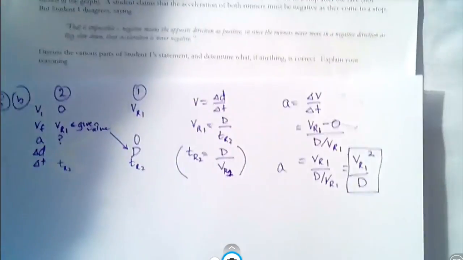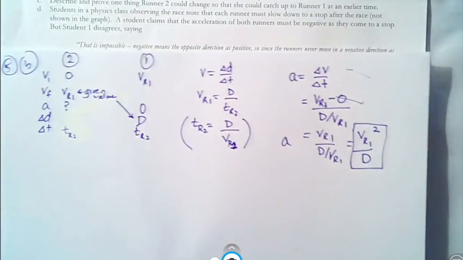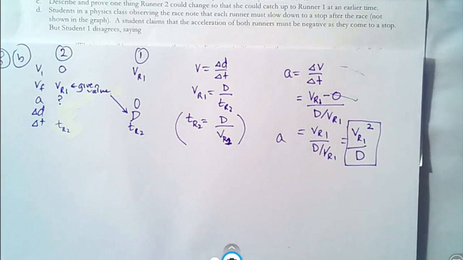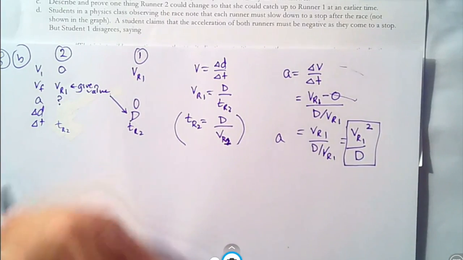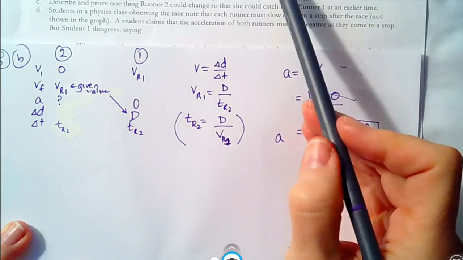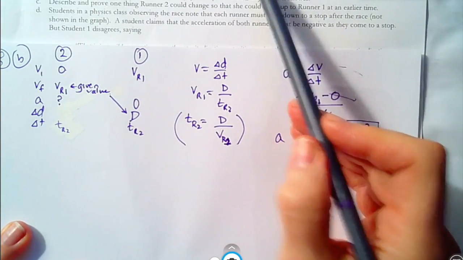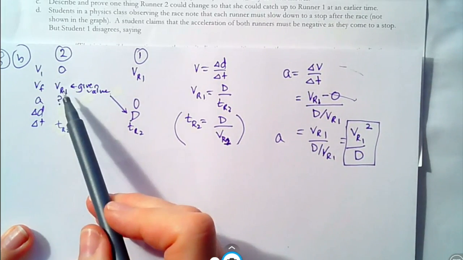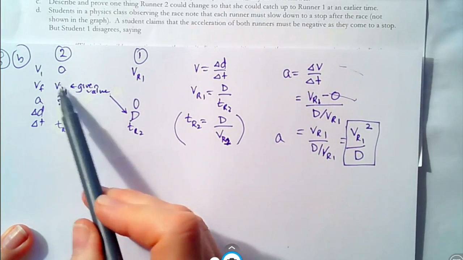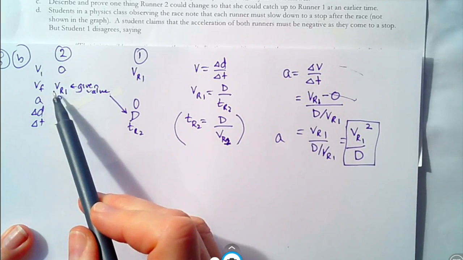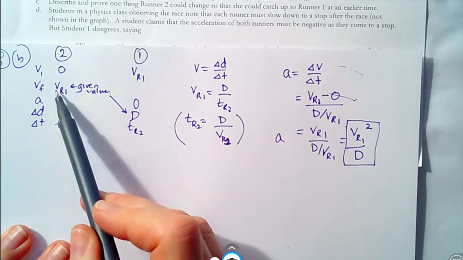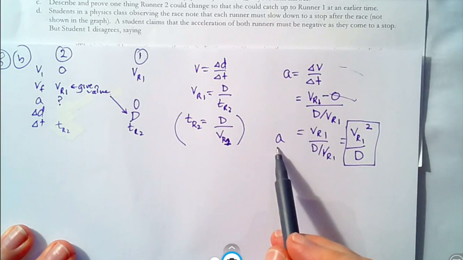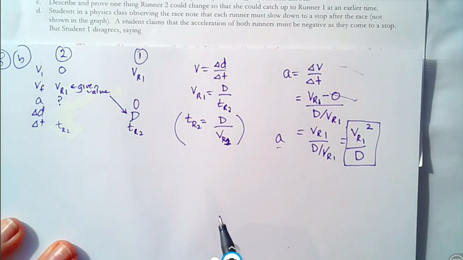Next, C. Describe and prove one thing runner 2 could change so that she could catch up to runner 1 at an earlier time. So what can you change if you want to get there earlier? If you want to make TR2 less, the only thing you can really do is increase your acceleration, okay?